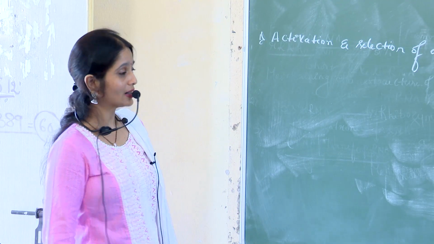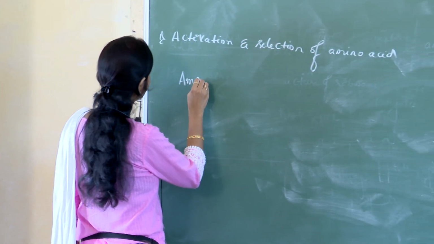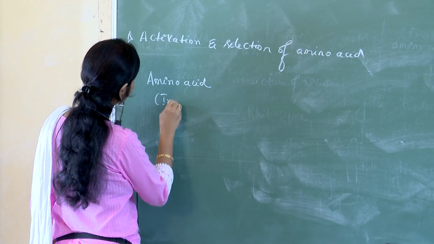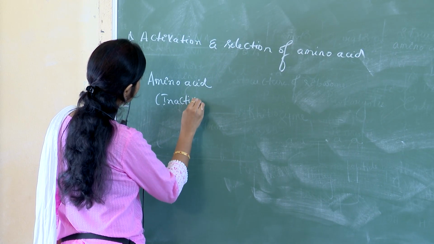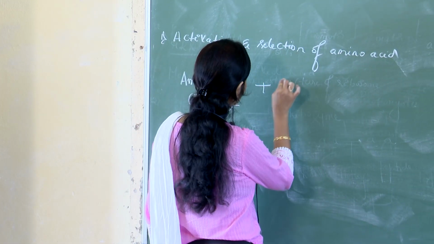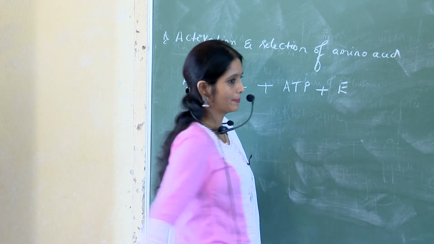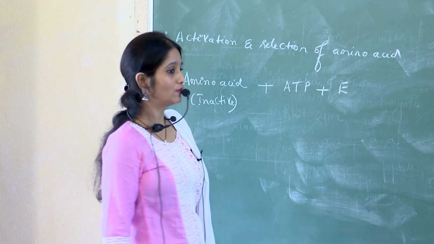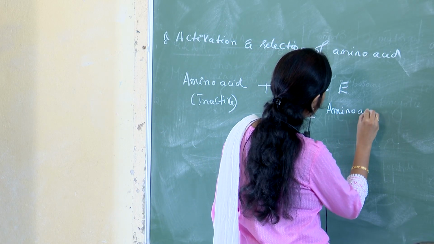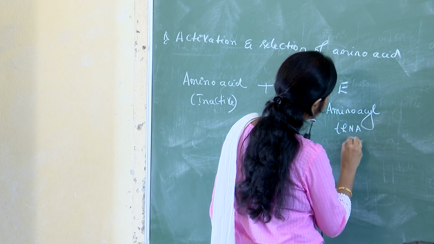So who activates this amino acid? Amino acid is inactive. It is activated by ATP and enzyme. And the enzyme that is involved here is amino acyl tRNA synthetase.